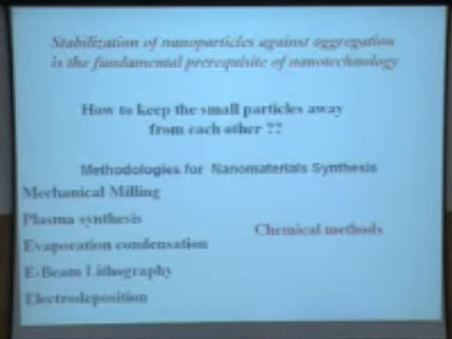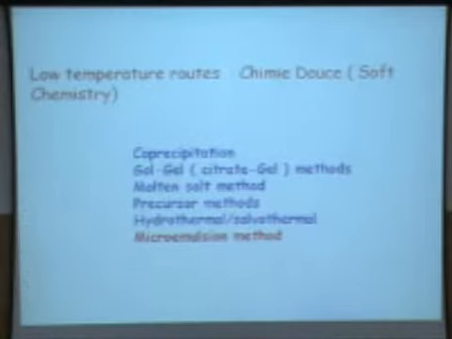There are several chemical methods people use; very common methods are solvothermal, hydrothermal, and microemulsion methods. Most of the time, these methods are called soft chemistry because you use much lower temperatures.